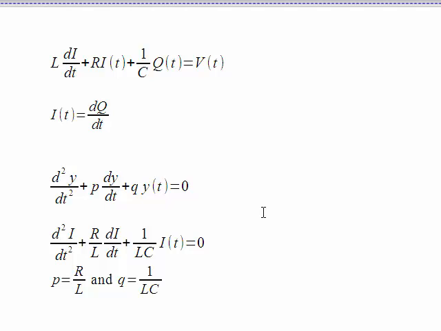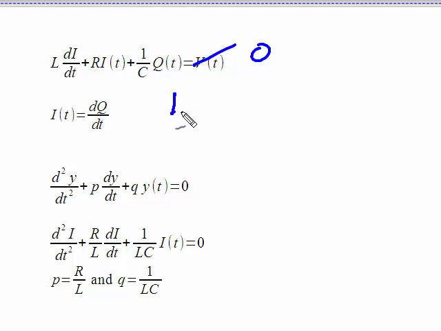So I start with this equation that relates current to charge. Current is just the rate of change of charge. I'm going to take the same differential equation here and differentiate the whole thing again. I'm going to set the right side to 0 because I want to do only the homogeneous case.